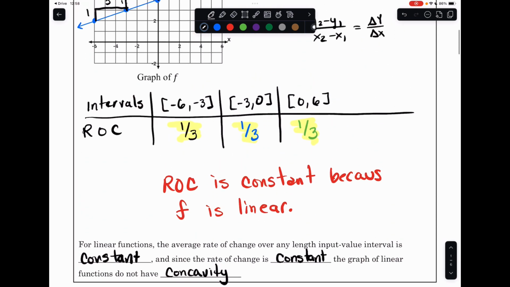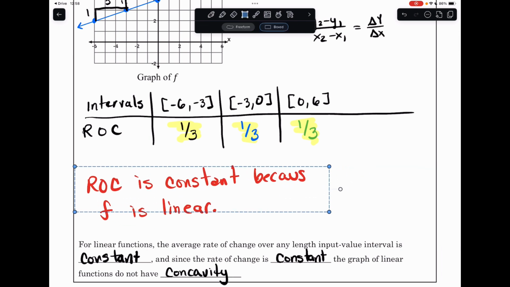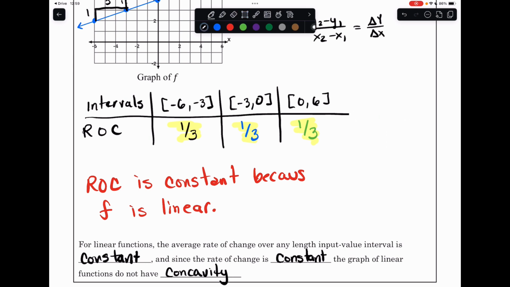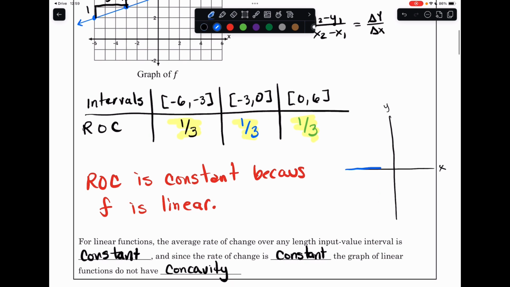I'm sorry about this. We're going to have to move this out of the way here. For this graph right here, since the number is the same, the average rate of change looks like this, because it's always the same number.